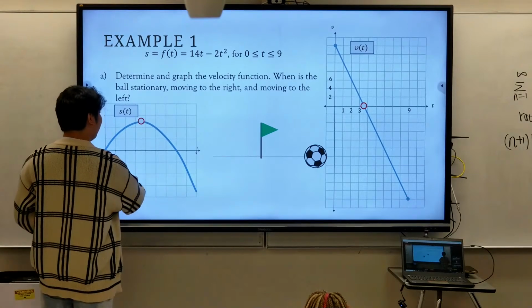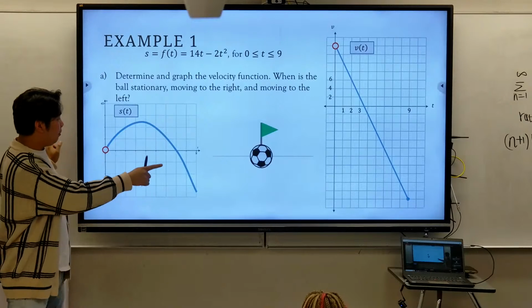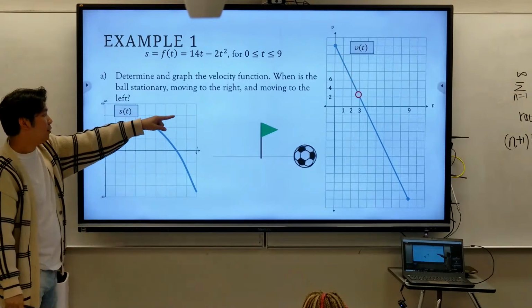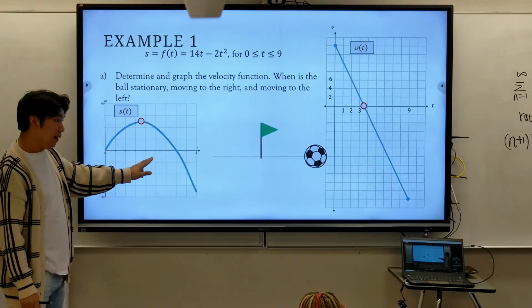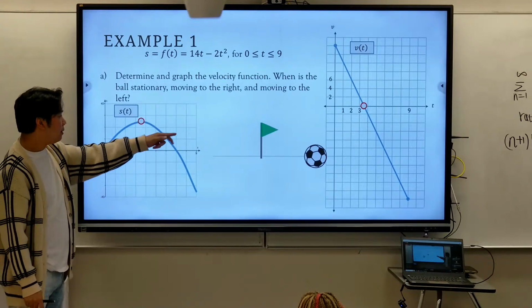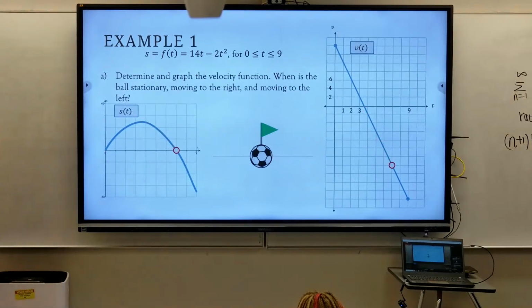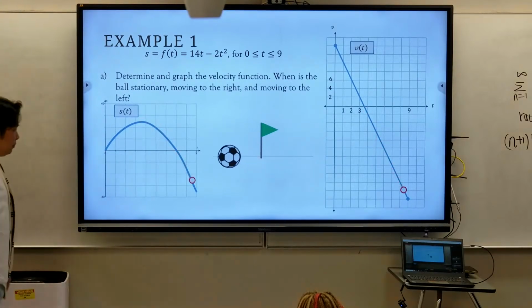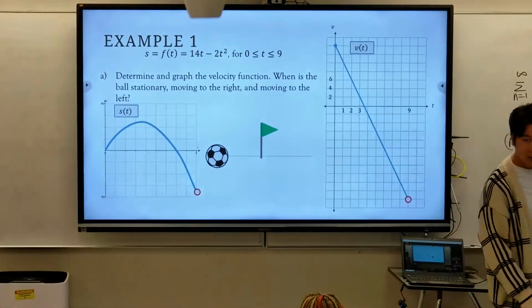Let's see if I can go back. So again, we start at the center. Positive velocity means it moves to the right. It has to turn around, so it hits 0 velocity. And then the velocity turns negative, meaning it goes back in a negative direction. This is how my two things are being related to each other.